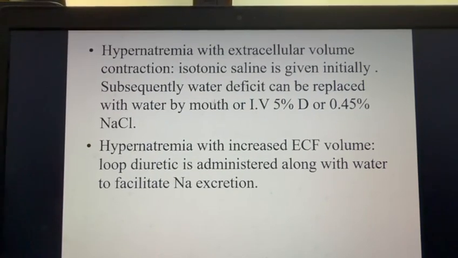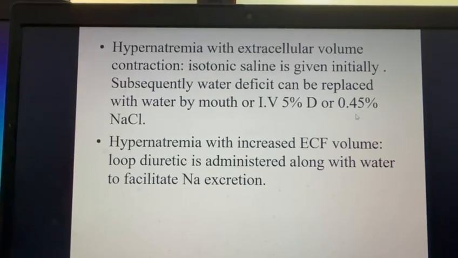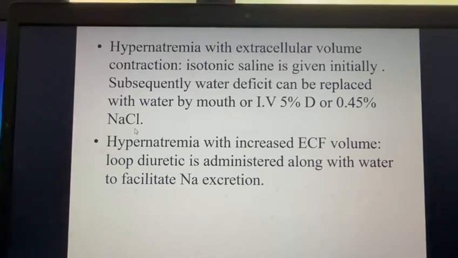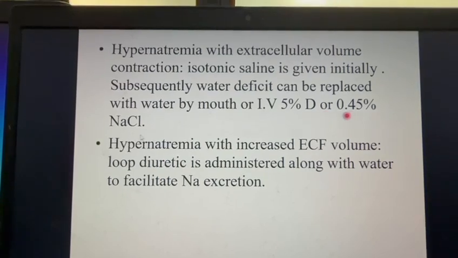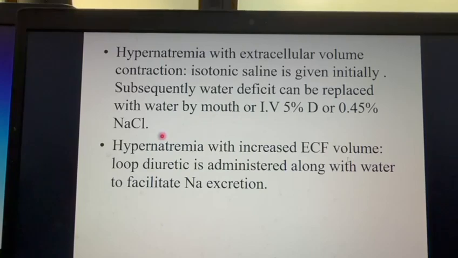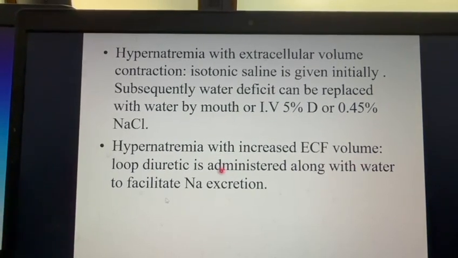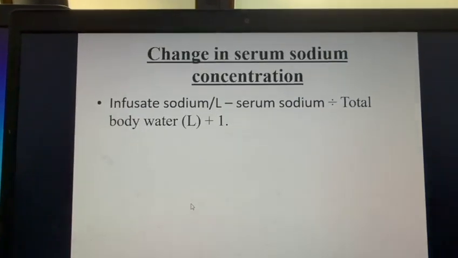Subsequently the water deficit can be replaced with water by mouth or IV, 5% dextrose or 0.45% NaCl infusion. Hypernatremia with increased extracellular fluid volume is treated with a loop diuretic along with water to facilitate sodium excretion.